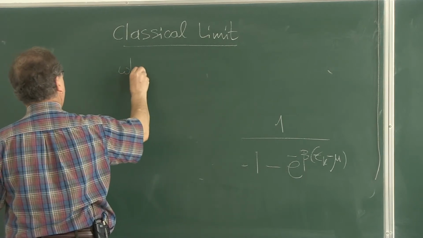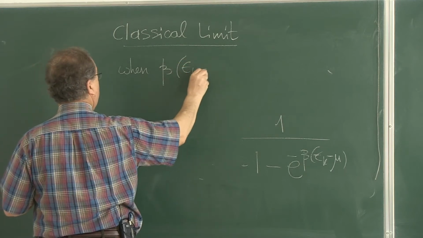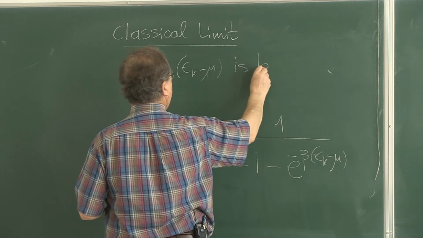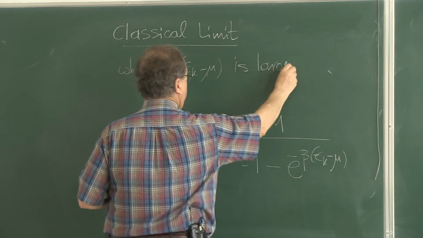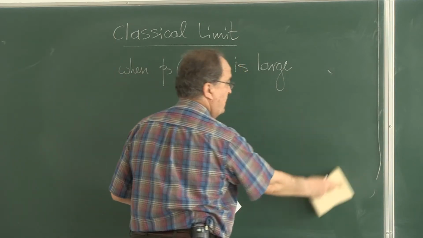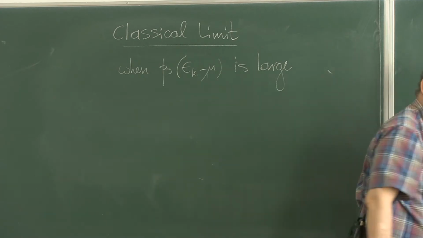When this beta times (ek minus mu) is large, in both cases, this 1 doesn't have any meaning anymore.